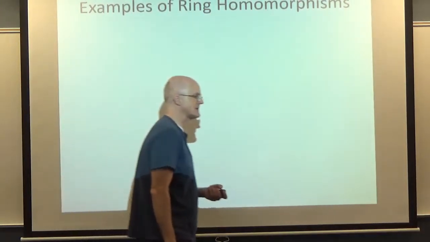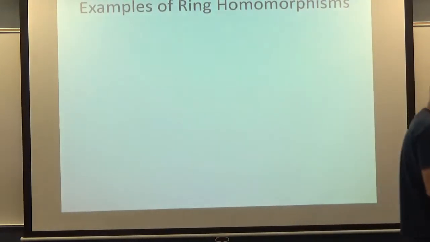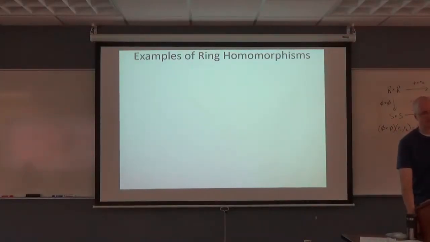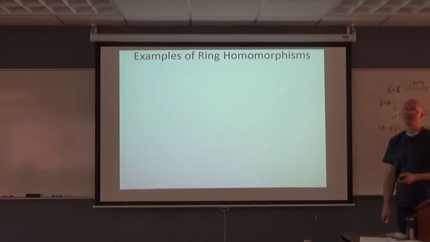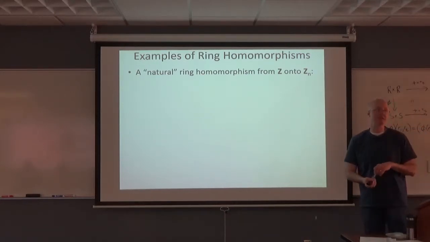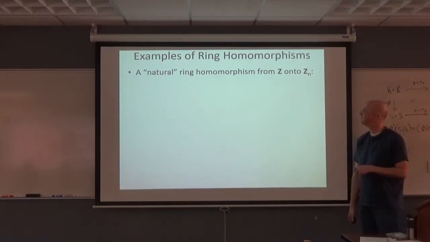Examples of ring homomorphisms. These are all examples you should try to remember to the best of your ability. I'm not going to prove facts here, just state these facts, but they should make some sense. They are kind of natural. Emphasis on the word natural. A natural ring homomorphism from Z to Zn always exists, no matter what n is. n is a positive integer.